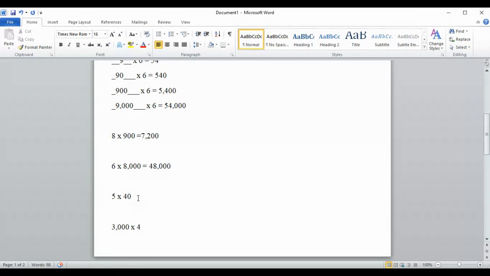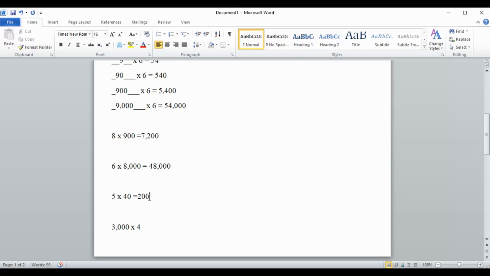Here's a couple more. 5 times 40, or 5 groups of 40, is going to equal 5 times 4 is 20, and then we're going to add 1 zero onto that. So when the answer of the math fact ends with a 0, you still are going to add that 0, because this is 5 groups of 40 and not simply 5 groups of 4.